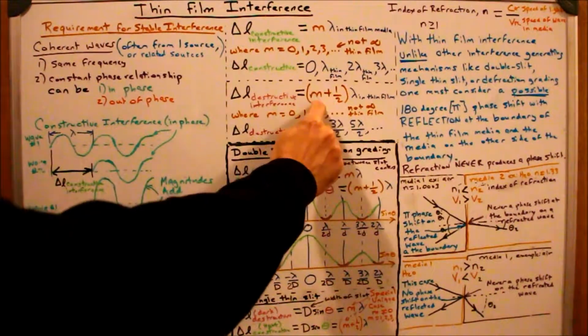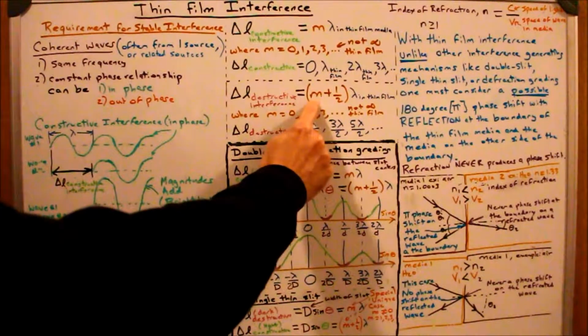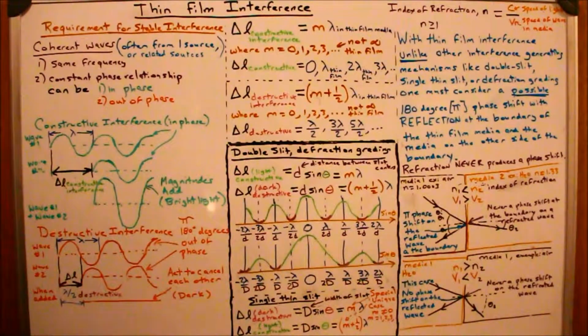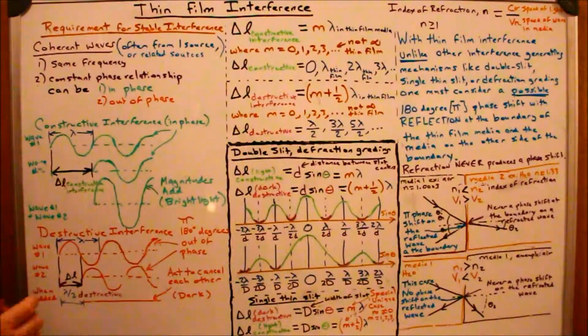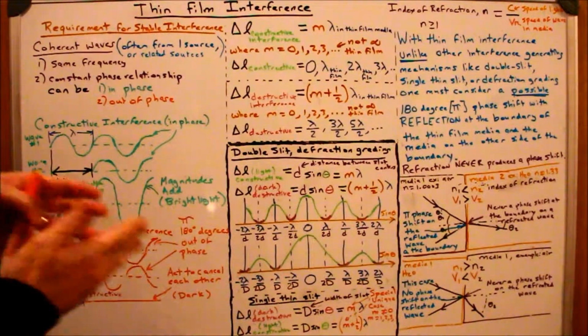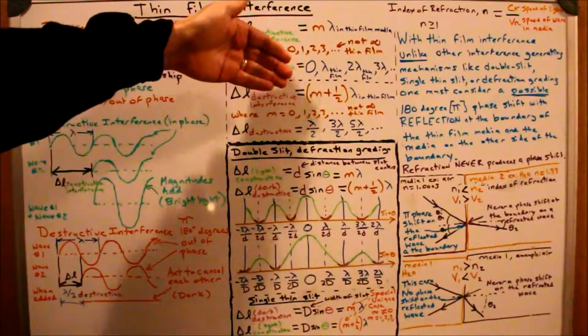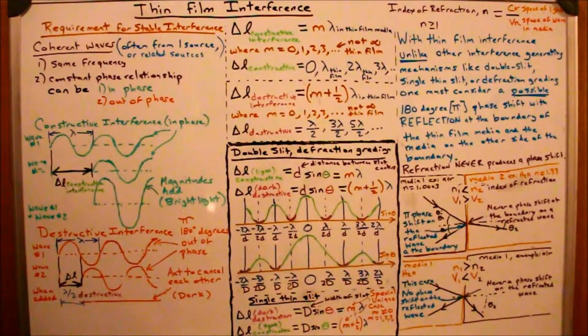So this would be the formula, with a half, and m can be 0, 1, 2, 3, etc. That results in these wavelength differences in the travel of the waves in the thin film, so I get constructive or destructive interference.